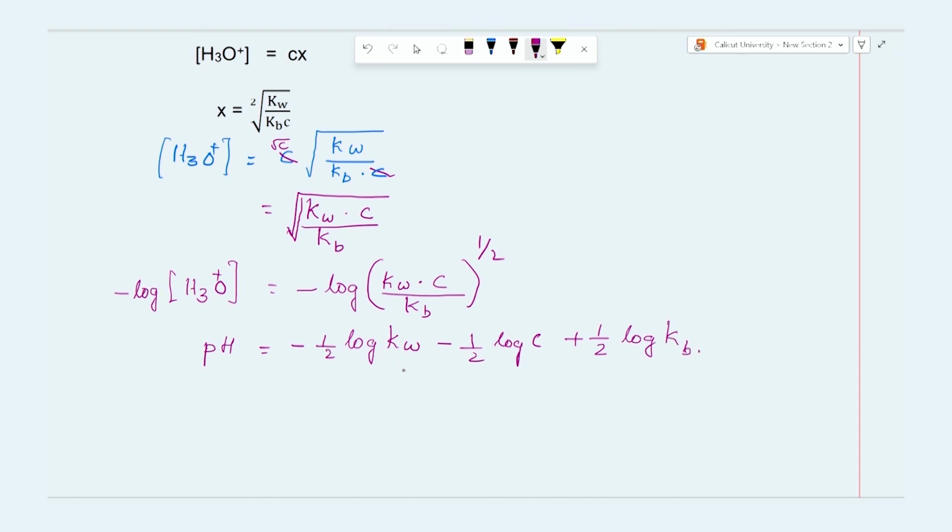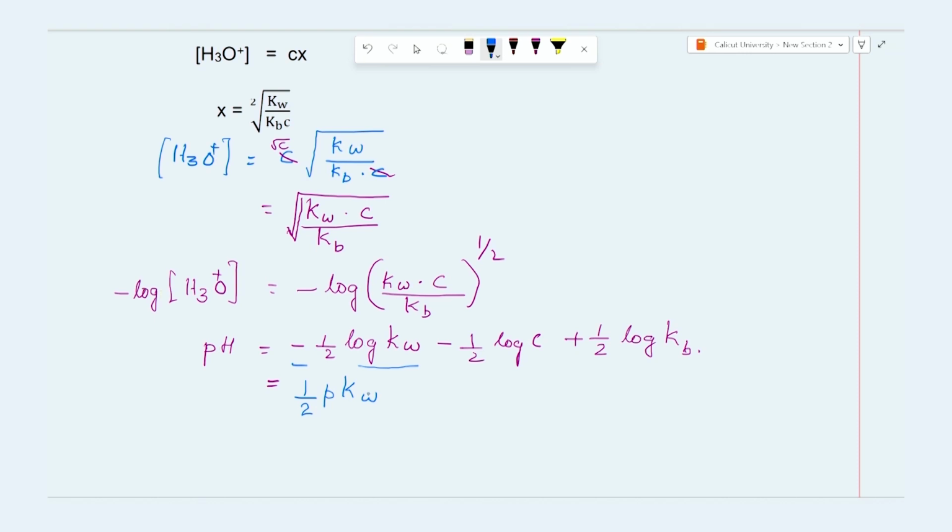Okay. Now, minus of log Kw, I am going to take the minus sign and log Kw, which can be written as pKw.